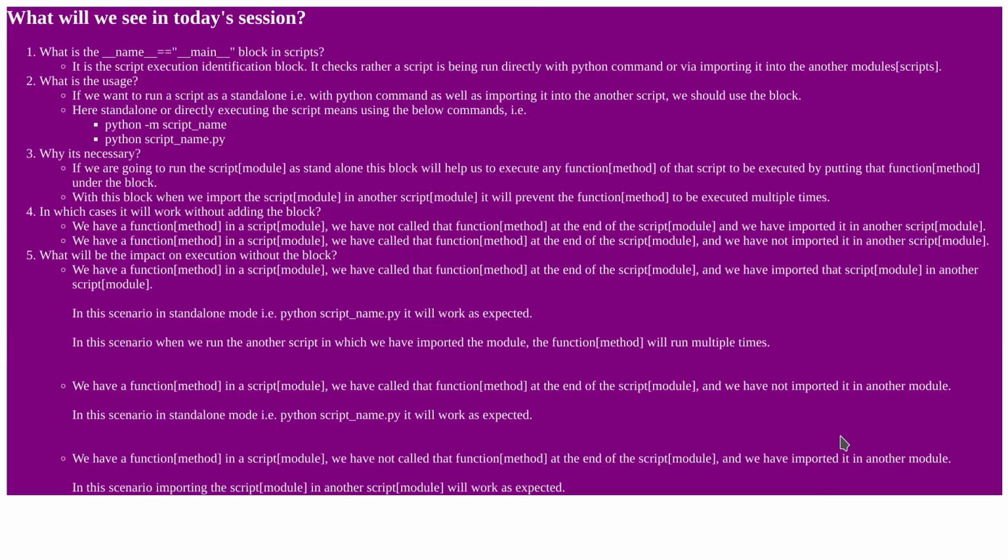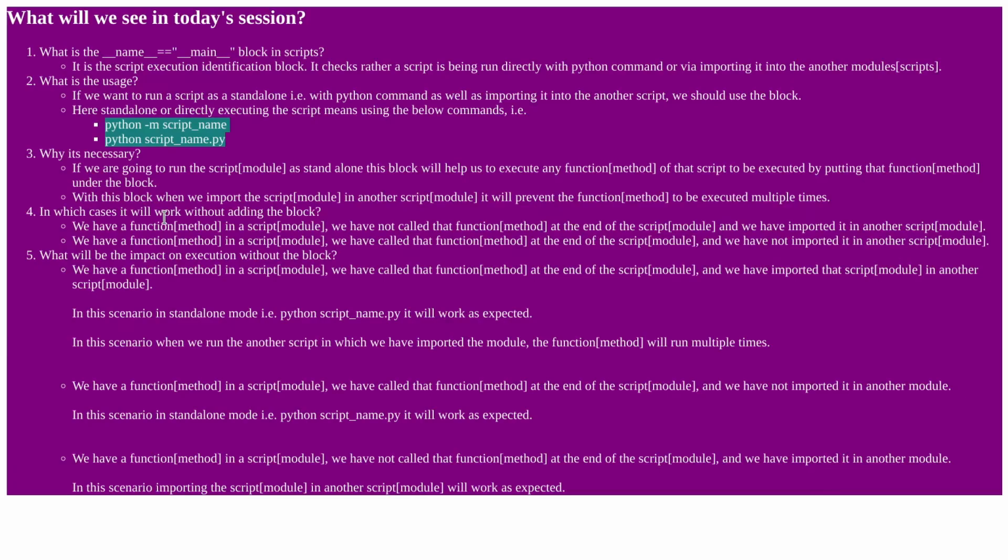Based on the execution method, Python will decide what to execute if the __name__ block has been mentioned in the script. Here, executing a script as standalone, or directly, means using commands like python -m script name or python script_name.py.